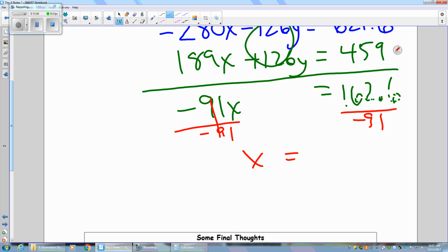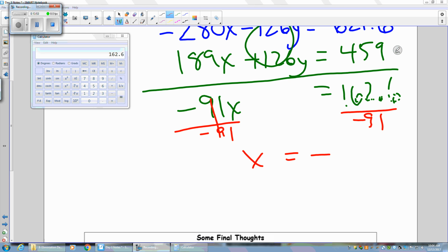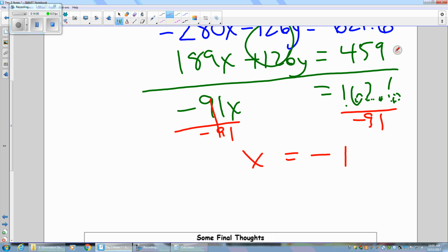X is negative. All right, so now all we need to do is take 162.6 and divide it by 91, to get negative 1.78. Why don't we just round it to 1.8? So negative 1.8.